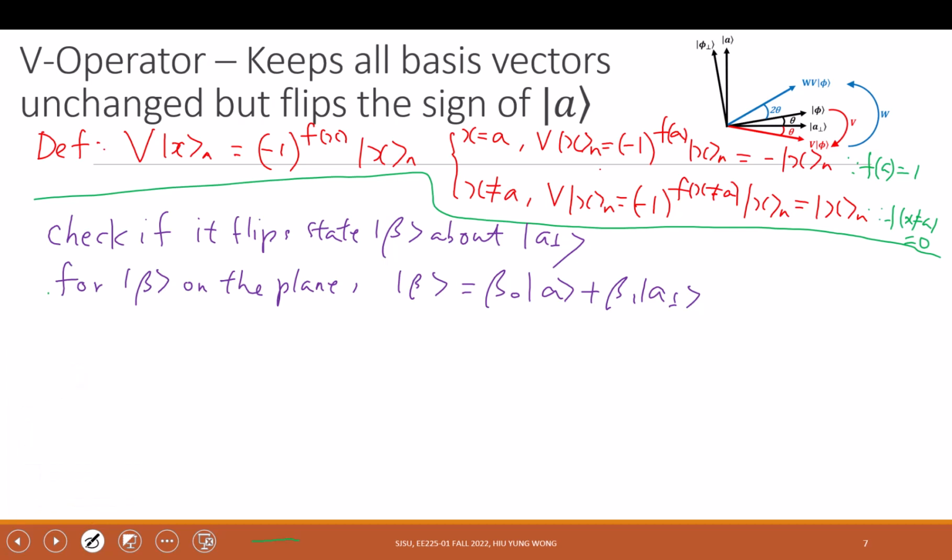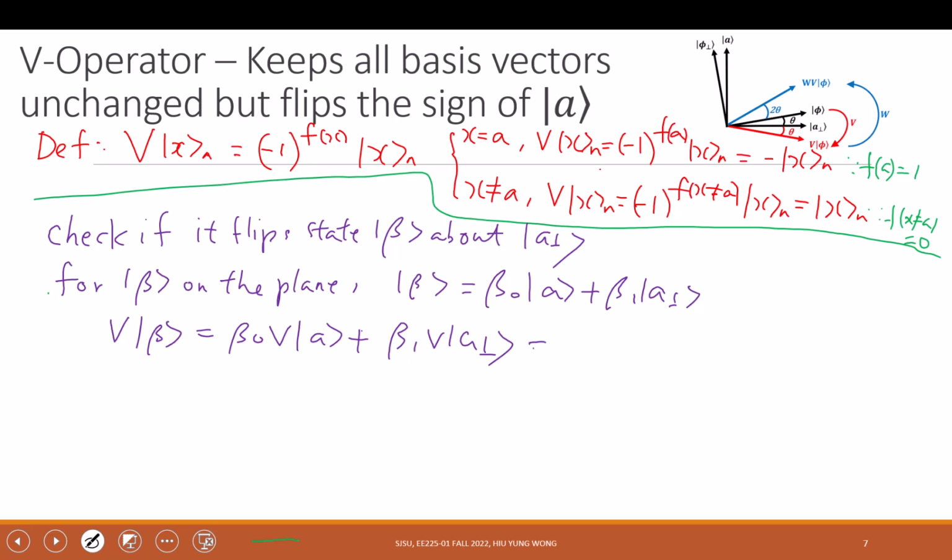So now if I apply V to beta, it means I apply V to each of these components, right? Because it's linear. Any questions? I apply V to the whole beta, then it's equal to applying it to each individual component, correct?